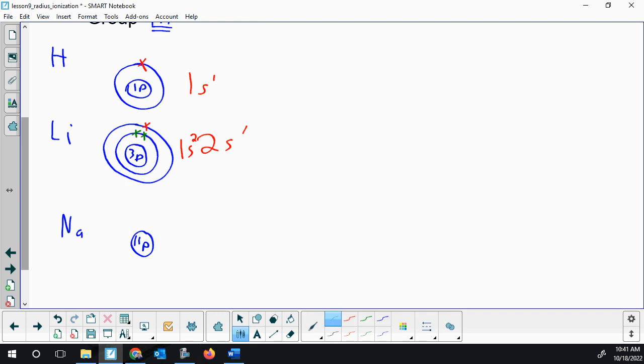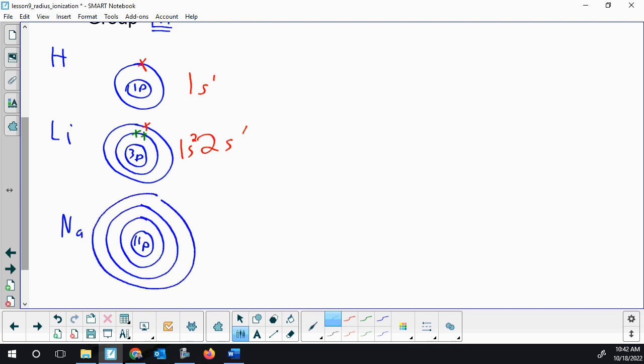Sodium is now in the 3rd period of the periodic table, and we need 3 energy levels. First energy level holds 2 electrons. That's our 1s2. Second energy level holds 8. 1, 2, 3, 4.